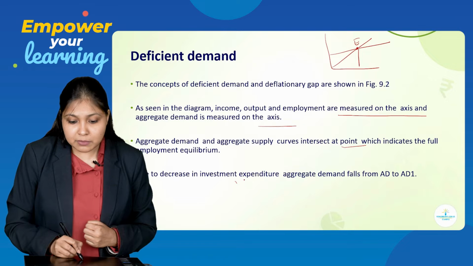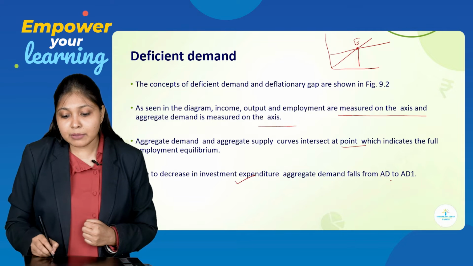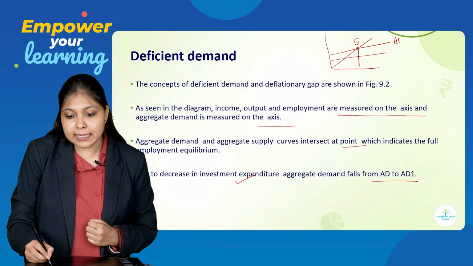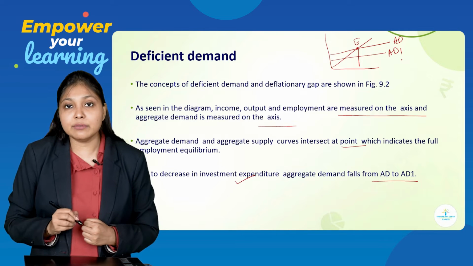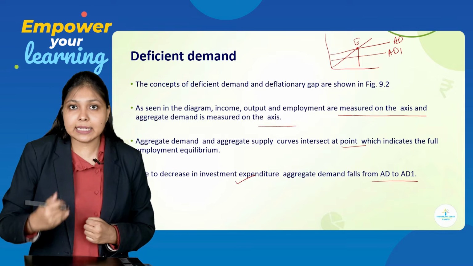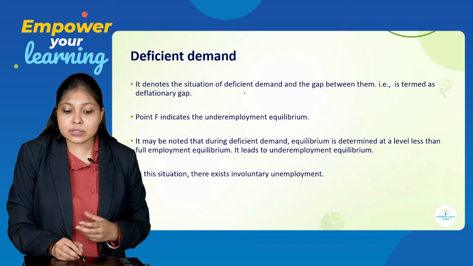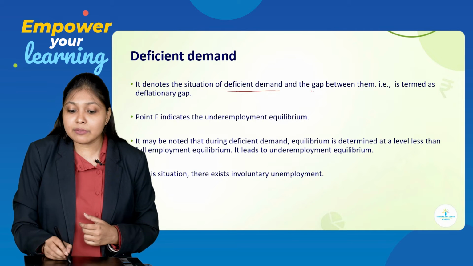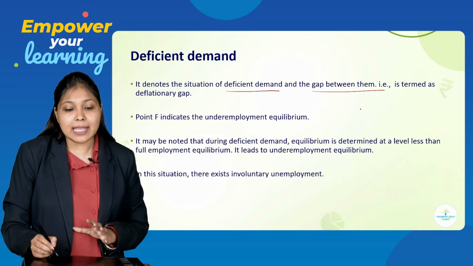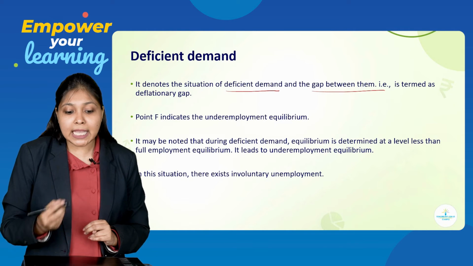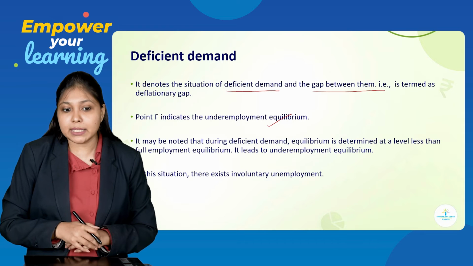Due to decrease in investment, aggregate demand will fall from AD to AD1. It has fallen to AD1 because of decrease in investment in the economy. So this will denote the situation of deficient demand and will give rise to the gap, and that gap is termed the deflationary gap. Point F indicates underemployment equilibrium.